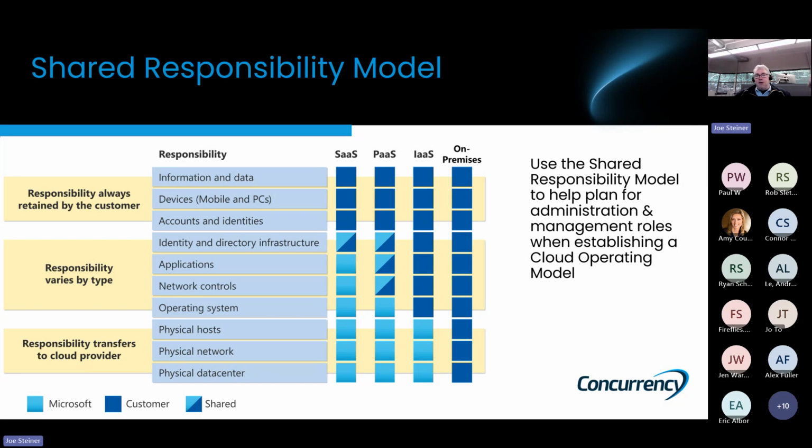Certain aspects of the core infrastructure are just managed for me, versus me running a SQL Server instance in the cloud in a VM myself, which would be more of an infrastructure as a service situation.